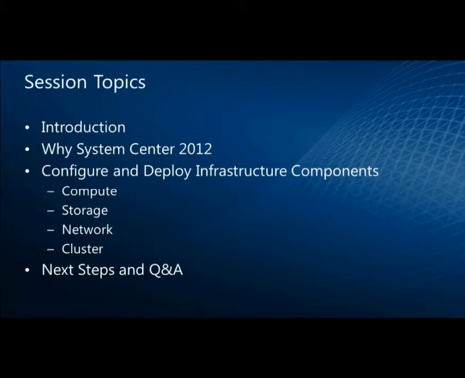How do I manage the networking environments that we have? And then once I have all that together, bring it all together into a cluster and use that cluster to basically be the infrastructure for your private cloud. So we're going to go through each of those different components, show you a lot of demos on how we manage these things with System Center 2012, and really get you grounded in how do I manage these infrastructure components for a private cloud.